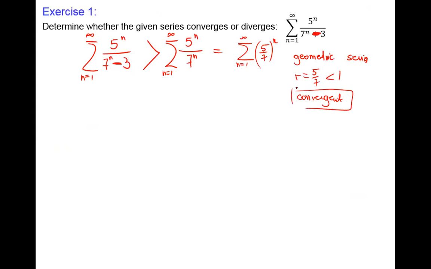But our series is greater than this finite number, so I don't know. That means the direct comparison test is inconclusive. But we always have the option to compute the limit. We know what kind of limit, a sub n over the new one, b sub n. If this limit at infinity gives me a finite number, then I can say that my original series is convergent too. Let's see.